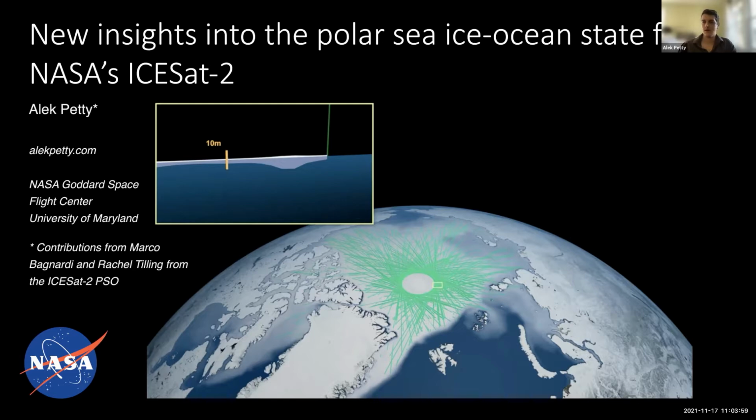But it's a fun task now to see how we can continue to improve and develop the sea ice products and expand our understanding of sea ice from this mission. My interests are maybe broader than this specific mission, but I'm going to be focusing on this one aspect today. If you want to find out more, my website, alekpetty.com, has some links to other projects and papers too.